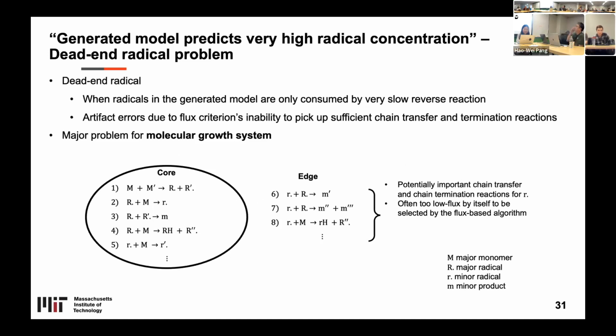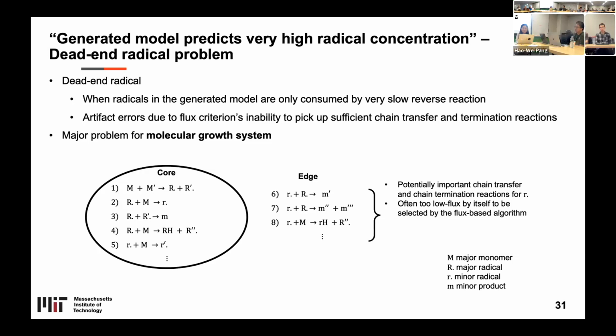And one of the last things is a problem that I identified in my research. I found that the mechanisms RMG generates have very high radical concentration, and we call it the dead-end radical problem. A dead-end radical is when the radicals in the model generated by RMG are only consumed by very slow reverse reactions.